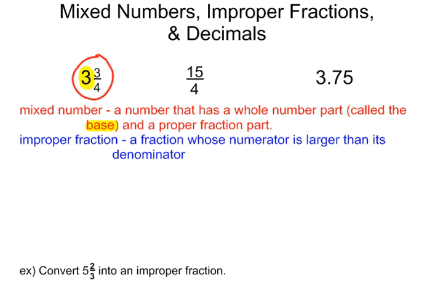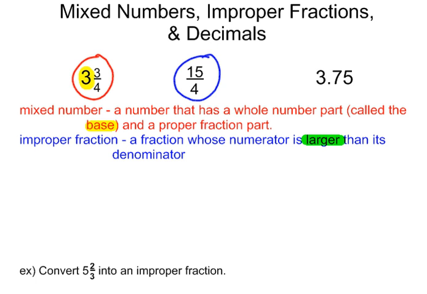Now an improper fraction, our next definition, is the opposite of that. An improper fraction is a fraction whose numerator is larger than its denominator. And that one would be 15/4, because we can obviously see that 15 is larger than 4.